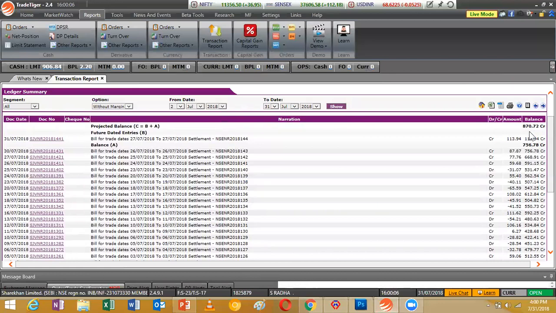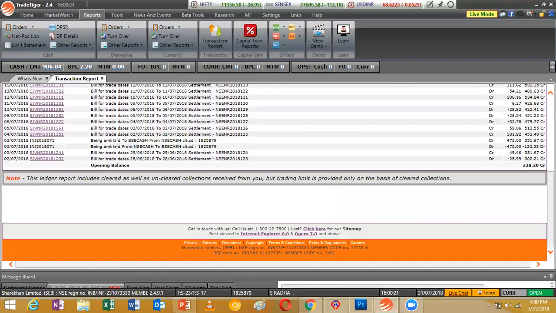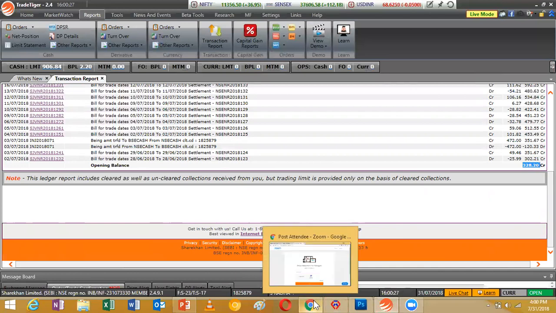Fine. So let's do a simple calculation. What is the returns percentage that we generated in 1 month in both of the accounts? So what I will do is I will take this balance and the starting balance. So it is 870 now, and at the starting it was 328. So let's calculate. Roughly it is more than 100%.